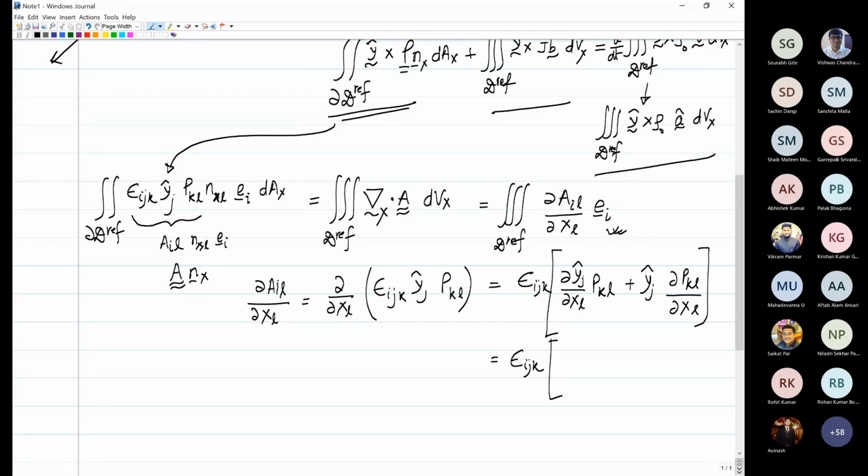The component of the deformation gradient, so that's simply F jl times P kl. And this is then plus y hat j del P kl over del x l.